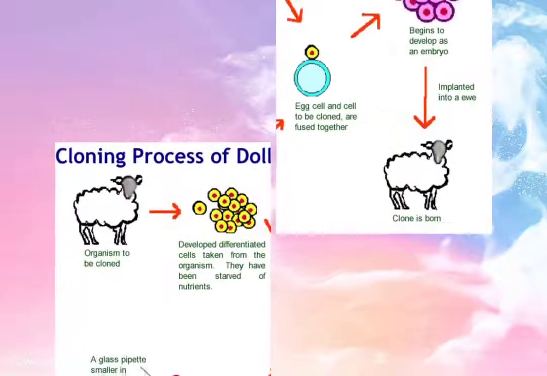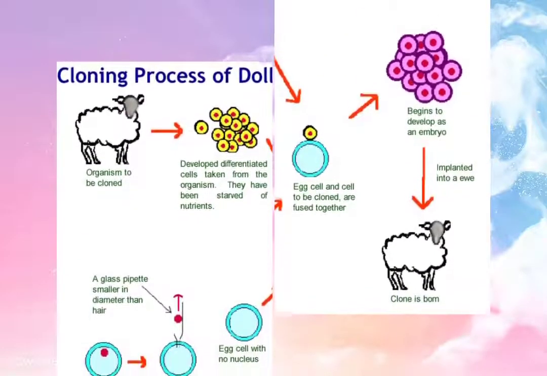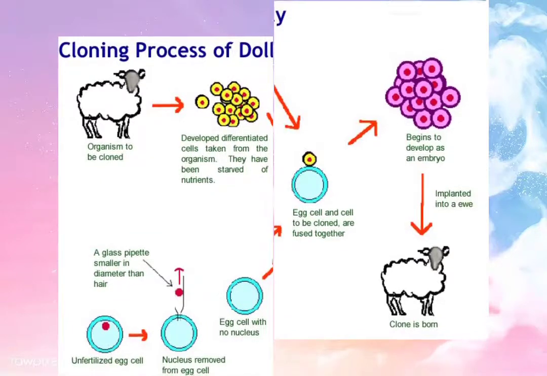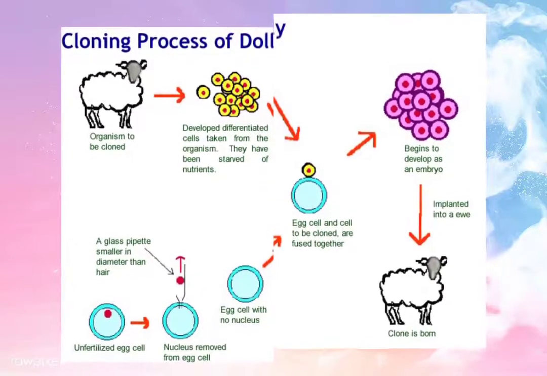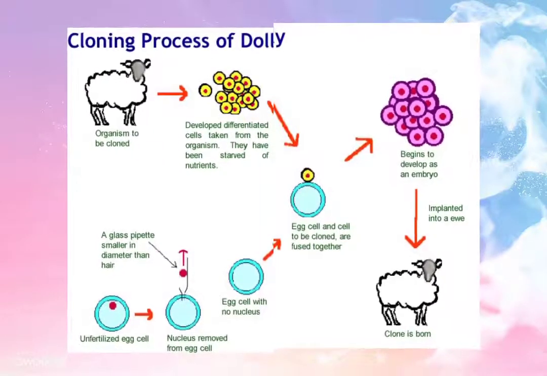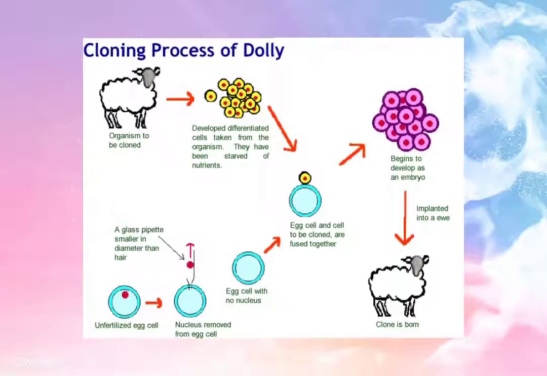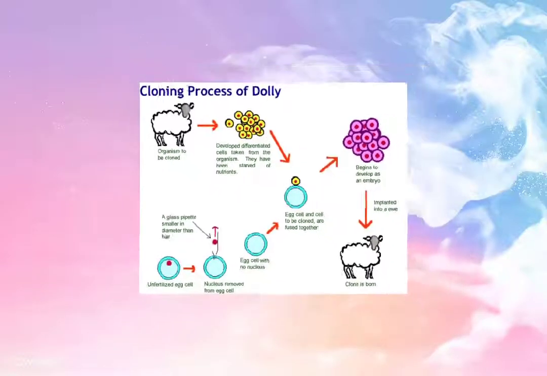The SCNT process has undergone significant refinement, and procedures have been developed to prevent damage to eggs during nuclear extraction and somatic cell nuclear insertion.